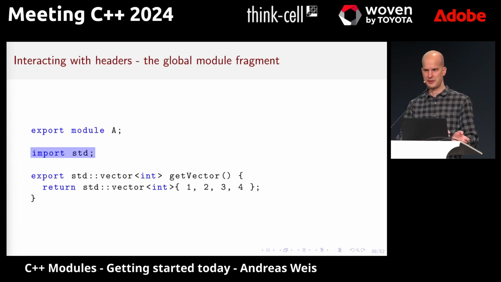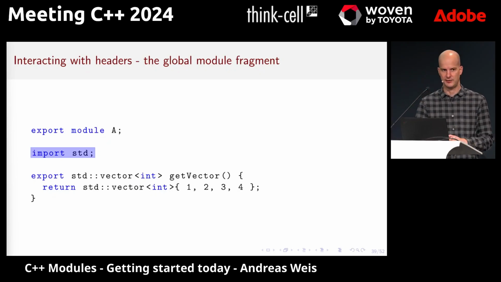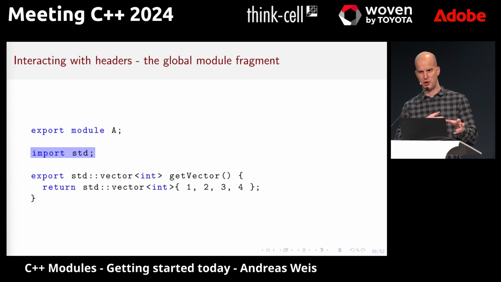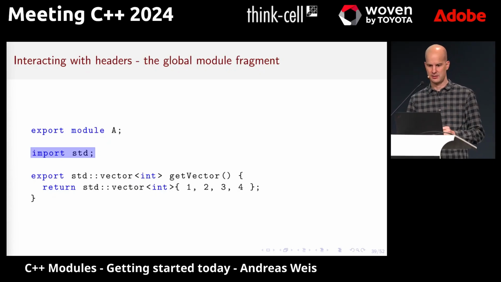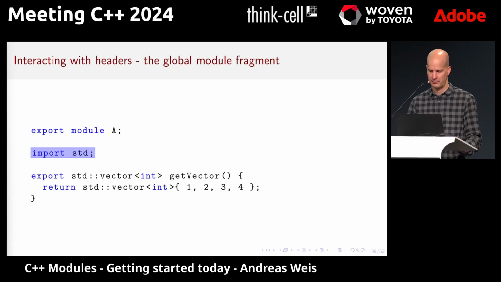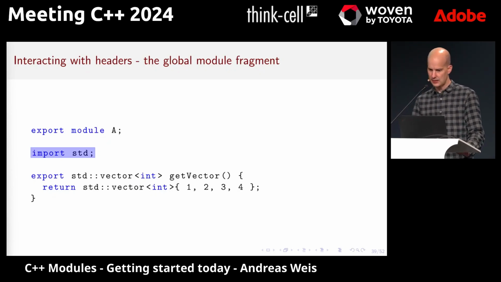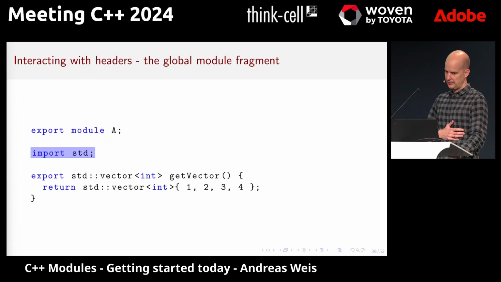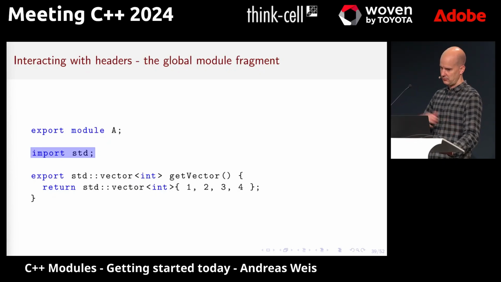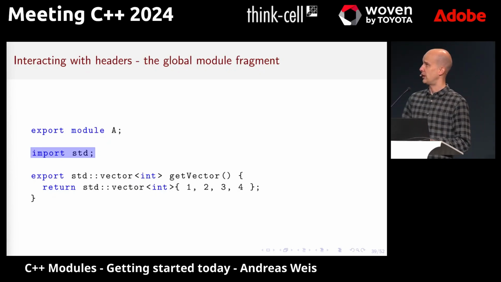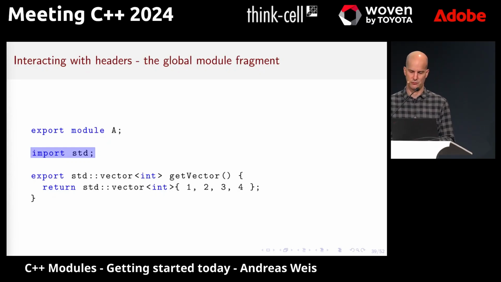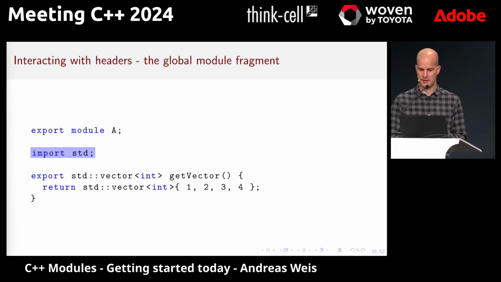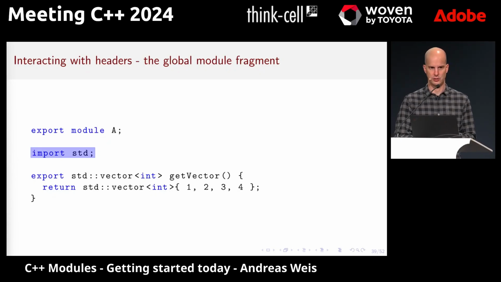For a considerable time, we will have to live in a world where modules and header files coexist. We can't just change everything overnight. And if you just declare a module like this, and put an include where we have the import right now, that will probably not work.